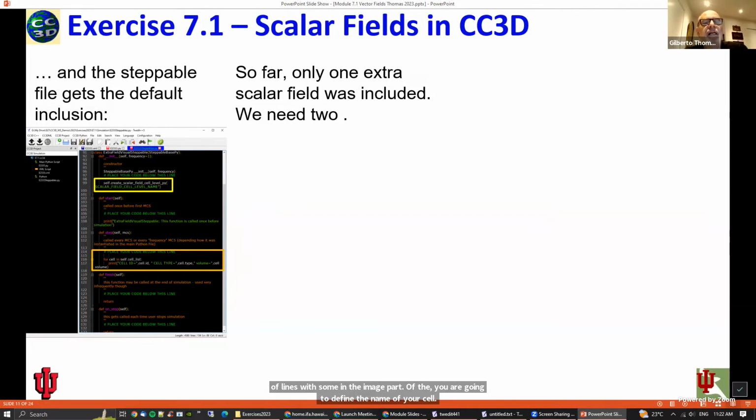Okay. Then the other lines are the start function as usual. You can put something here if you want, some initialization variables, parameters.